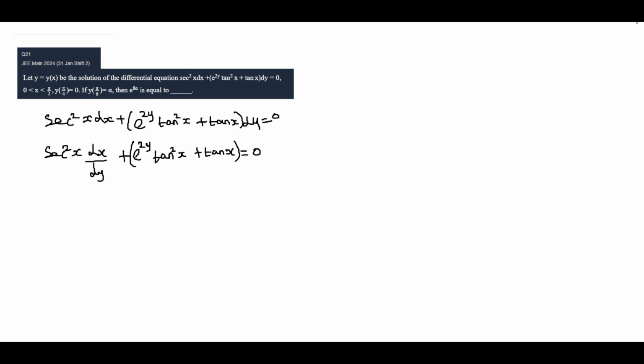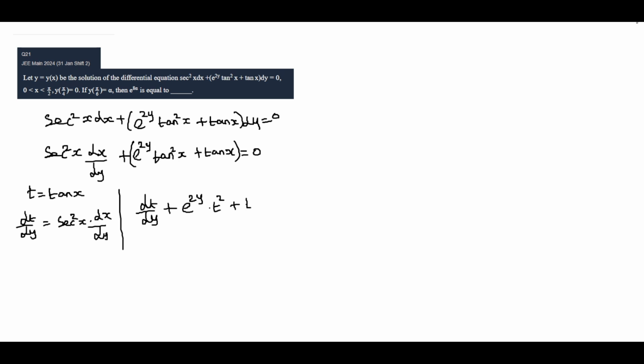Just assume t equal to tan x. What about dt by dy? It will be secant square x into dx by dy. So using the above equation, dt by dy plus e power 2y into t square plus t is equal to 0.